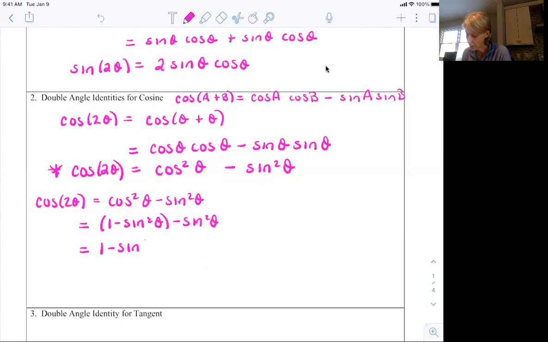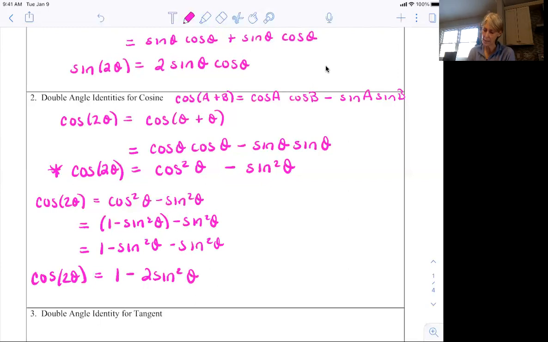And then we get an alternate version, 1 minus 2 sine squared theta. And this is something we can also use. So we have one version here, an alternate but equivalent version here. And there's going to be one more thing we can do.